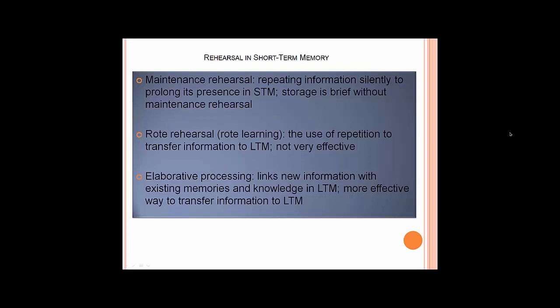And there's a video there that you may see later that makes that very same point. Elaborative processing is linking new information with existing memories and knowledge into long-term memory. And this is a much more effective way to transfer information into long-term memory.